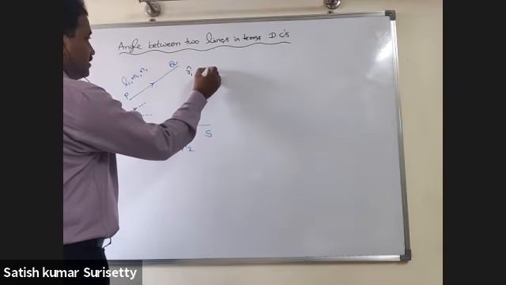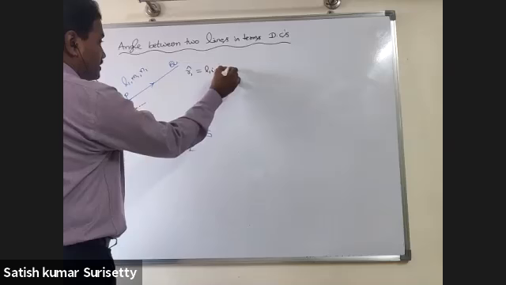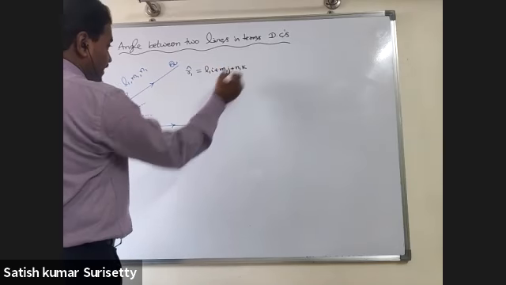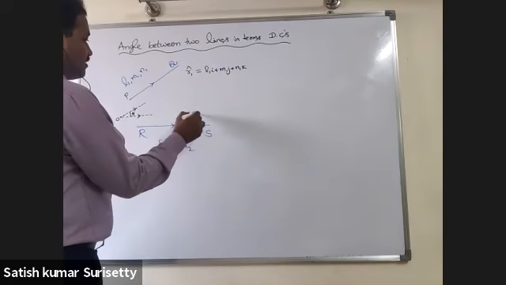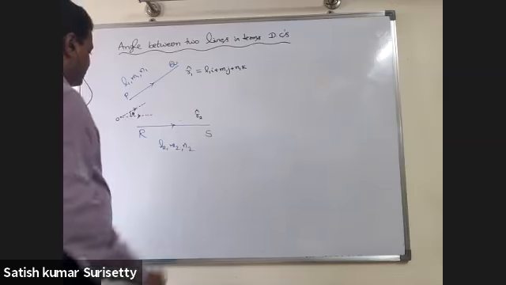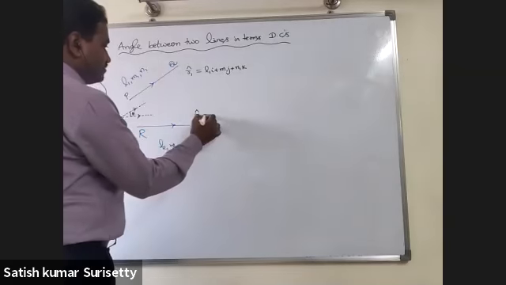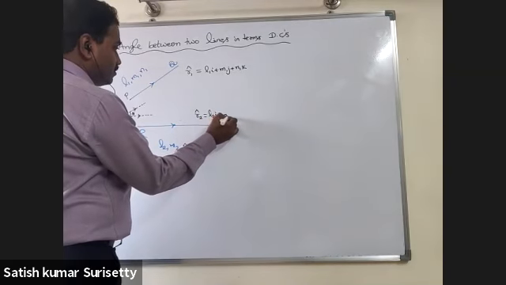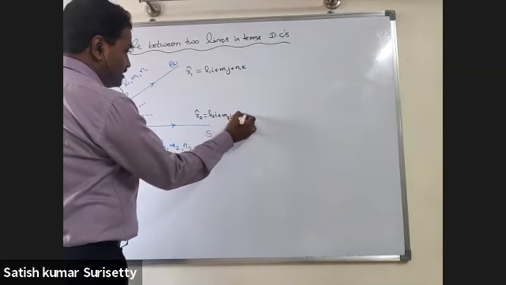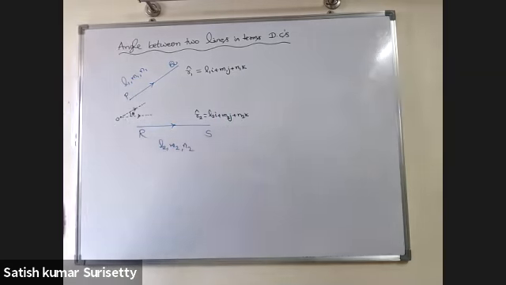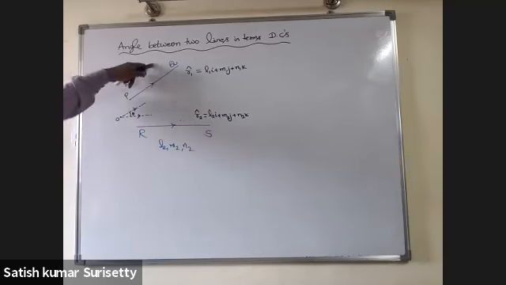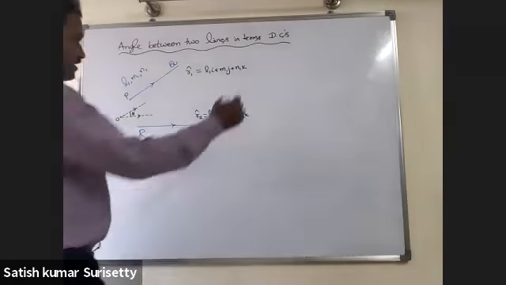r1 cap equal to L1i plus M1j plus N1k. Unit vector along RS bar: L2i plus M2j plus N2k. So the angle between PQ bar and RS bar is the same as the angle between the corresponding unit vectors.